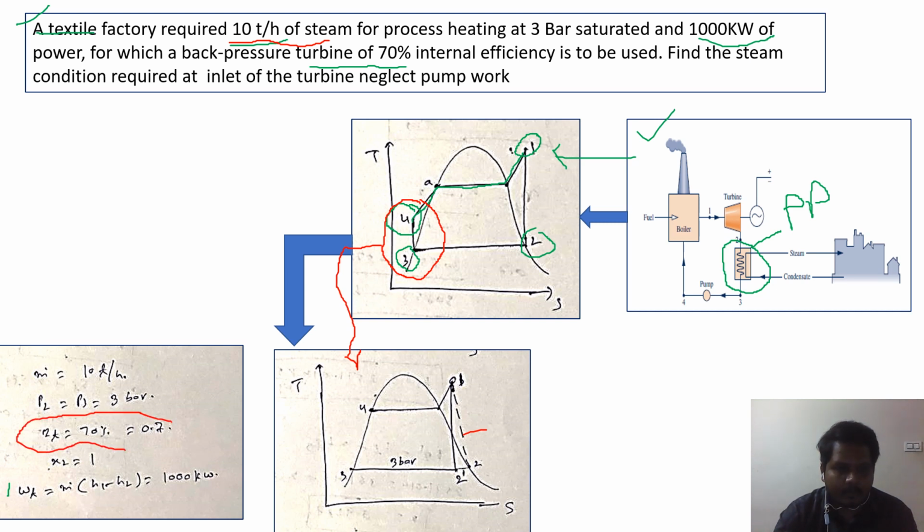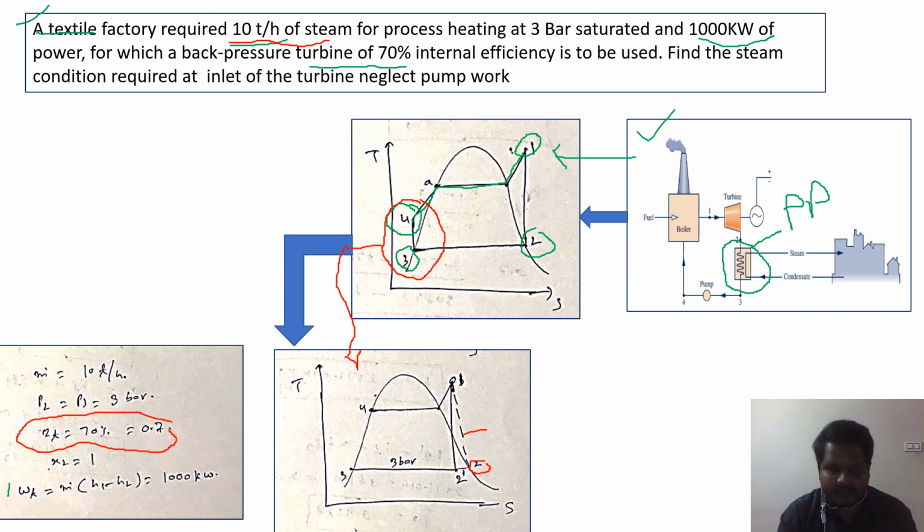So we know that isentropic efficiency of the turbine equals work done by the actual divided by work done by the ideal. So from that we can find the enthalpy at point 2.